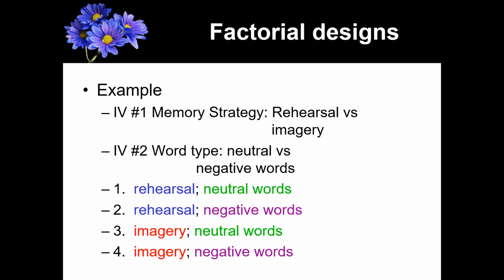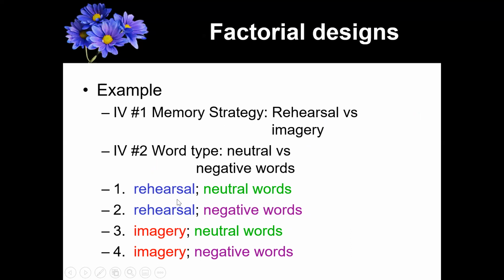Okay. So here's what that looked like in our example. We had, remember, two independent variables with two levels each. So one was memory strategy, whether you're rehearsing it or trying to visualize it. The other being word type, neutral versus negative words.